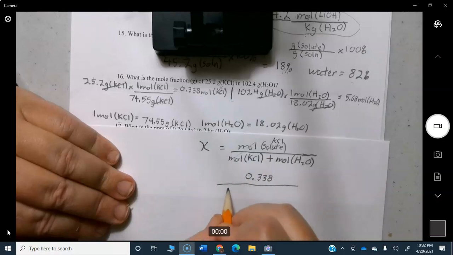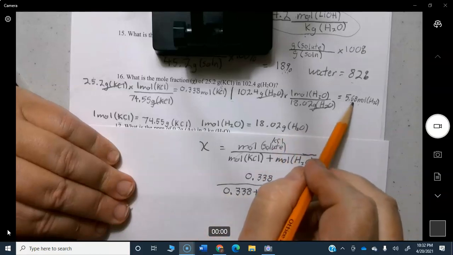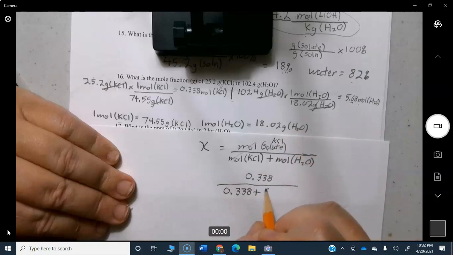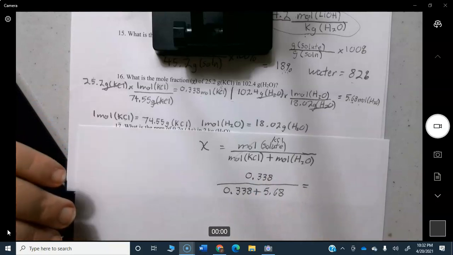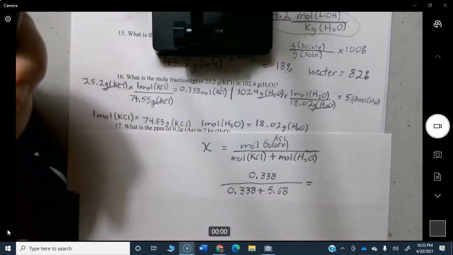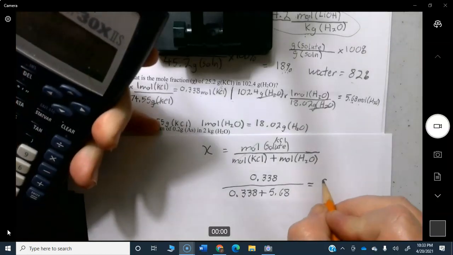So 0.338 over 0.338 plus this, 5.68 for the water. So this is the moles of the solution, everything mixed together. This is the moles just of the solute. Excuse me. So we go ahead and do the math on that. And that gives us this.